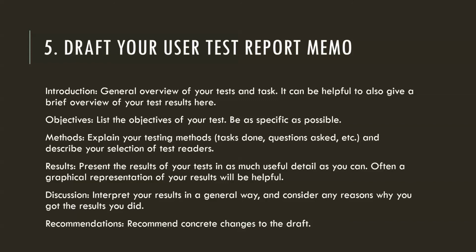A discussion section where you interpret your results in a general way and consider any reasons why you got the results you did. And then a recommendation section where you recommend concrete changes to the draft. These are actions that are going to be taken to revise the draft. So you want that section to be concise, clearly organized, and often a numbered or bulleted list would be a really useful way to write up that section.